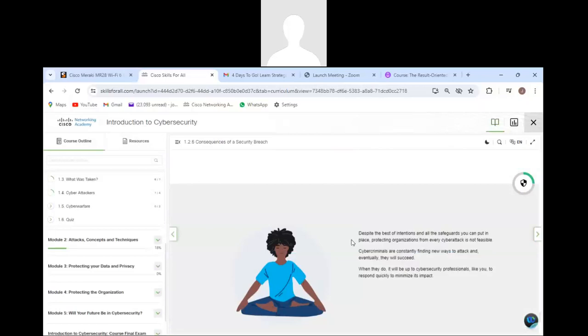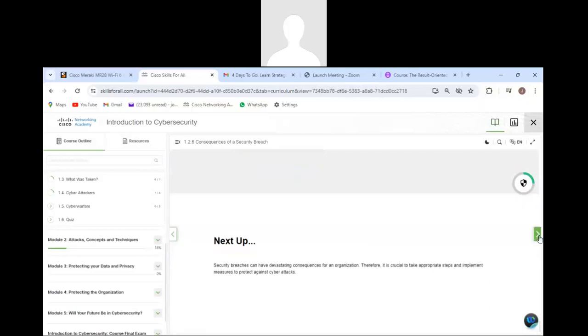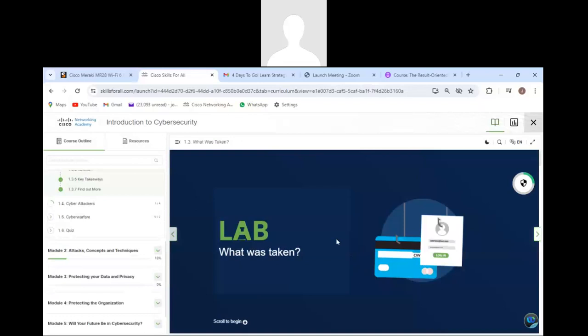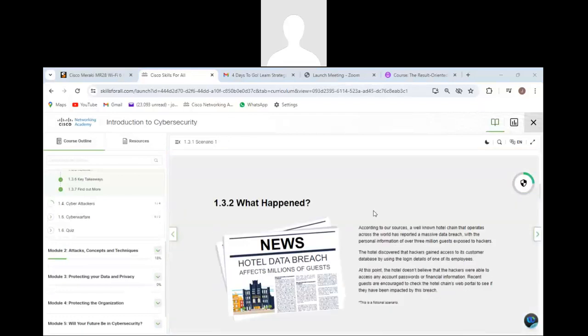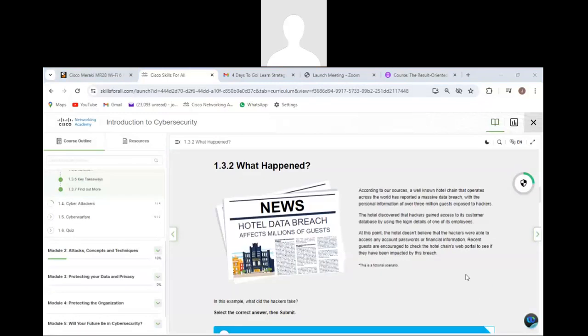We have a scenario in which we look at past cyber attacks in which some very important information was taken from some organizations. One of the scenarios we have here, but not limited to this, is a hotel that has a massive data breach. Now let's look at this case study.